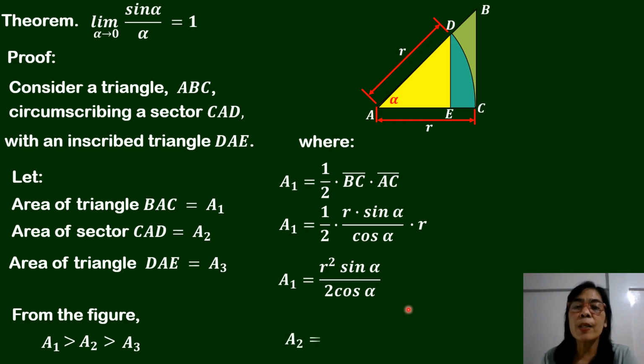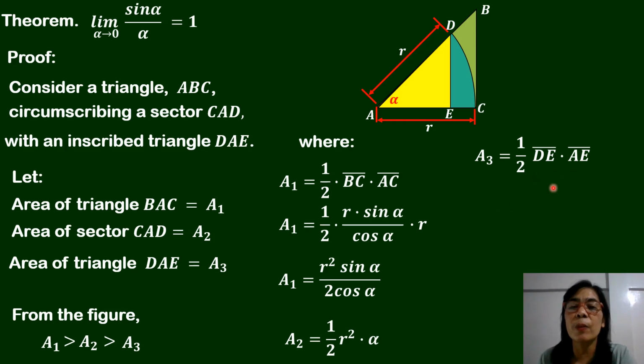Also, the formula for a sector of a circle is equal to 1/2 the square of the radius times the central angle alpha. Then we have the smaller triangle DAE. Again, we have the formula A sub 3 is equal to 1/2 times the product of the perpendicular sides. Looking at the figure, we have 1/2 times DE, which is the side.